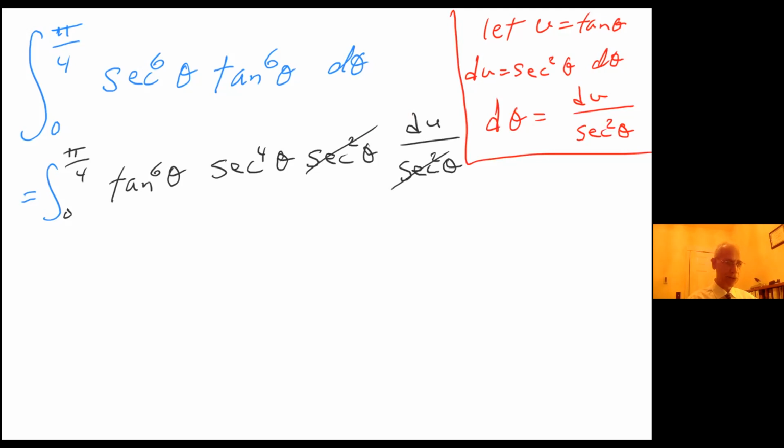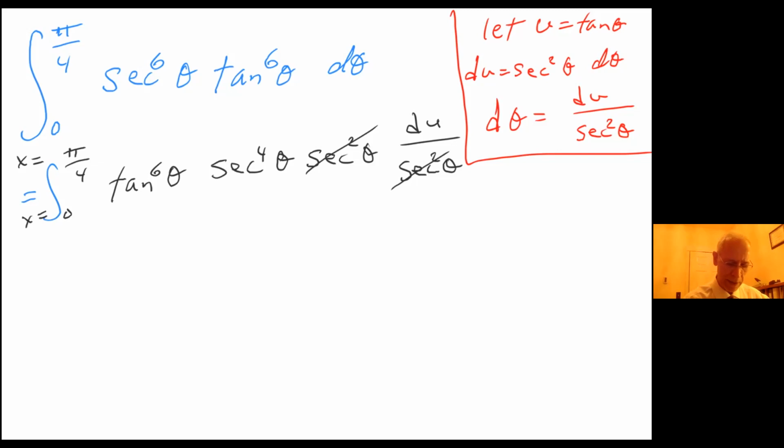So now what to do? Now I have tangent to the 6th power, and I have secant to the 4th power. And also one thing I shouldn't forget is that I have boundaries here. I'm going from 0 to pi over 4. So right now this is x equals pi over 4 and x equals 0. So I need to change that to u.